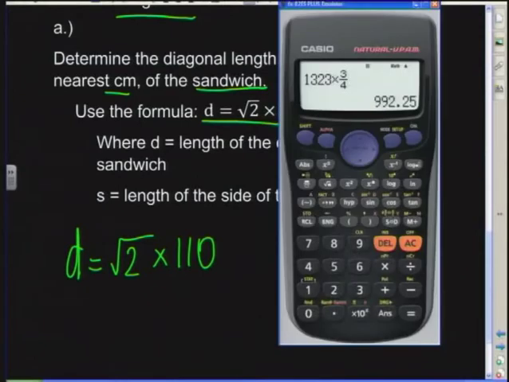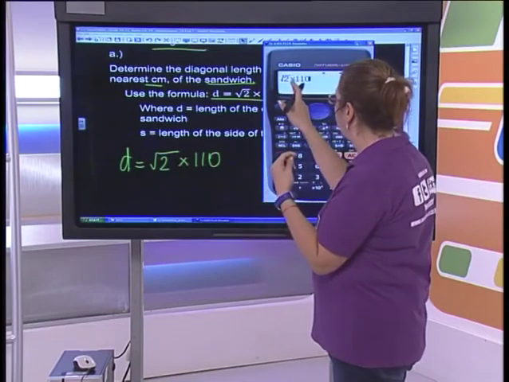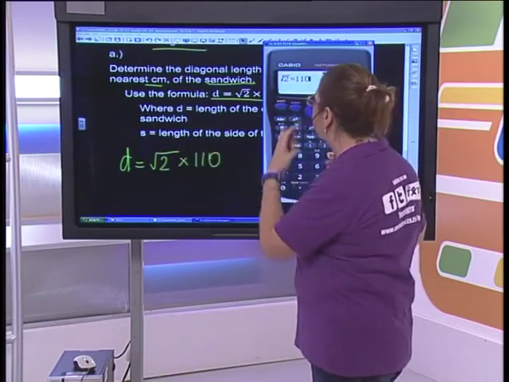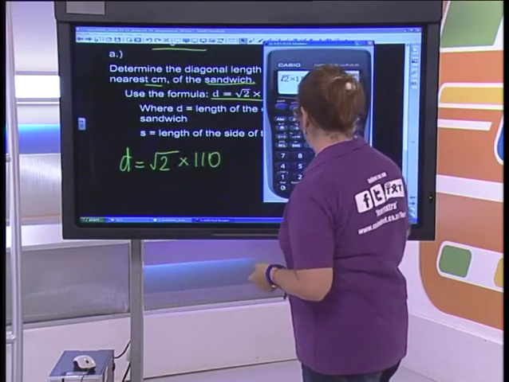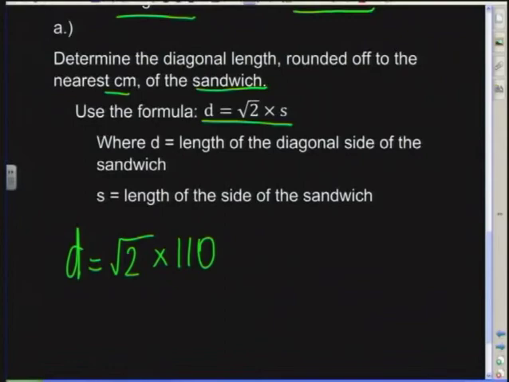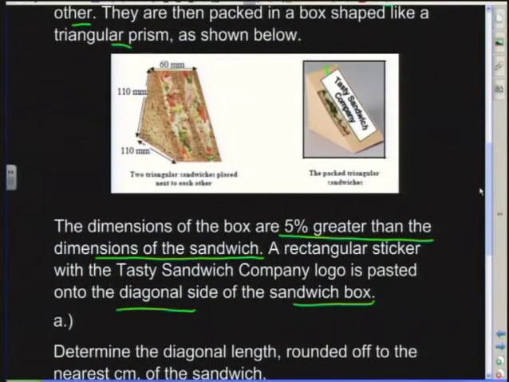I'm using the formula they're giving me, and that is root 2 times, and just make sure that when you press your times, it's not carrying on under your root sign. But before I do that, it just occurred to me that they wanted the answer in centimeters. And what was 110? 110 was in millimeters.